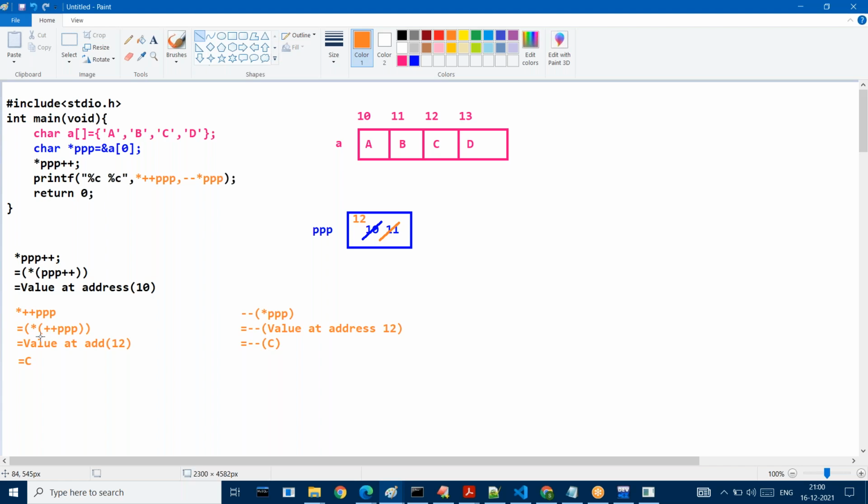Now while evaluating, star means value at address. After that we have plus plus PPP. PPP value in the meantime is 11, and 11 is incremented to 12. So that means value at address 12. That is perfectly happening.